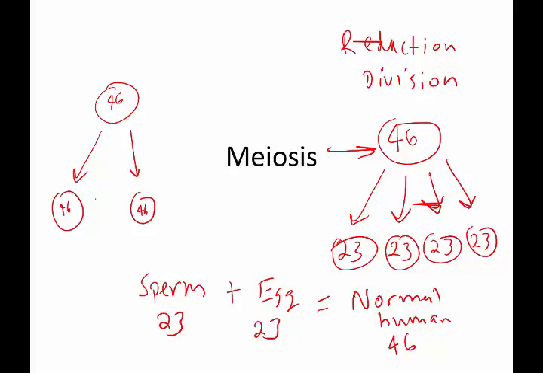If 2 cells with 46 chromosomes met, we would get 92 chromosomes, which would be very bad. So sperm and egg have 23 chromosomes each, half the normal number, so that when they meet together, 23 plus 23 makes 46, or a normal human cell.